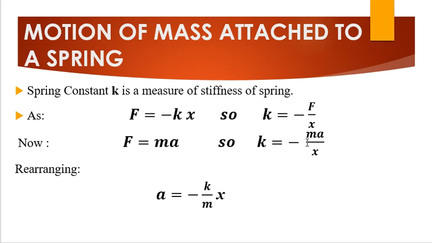By rearranging this equation, we can derive the equation for acceleration: a equals minus k over m times x. Remember, x is the change in the length of the spring, k is the spring constant, m is the mass, and a is the acceleration.